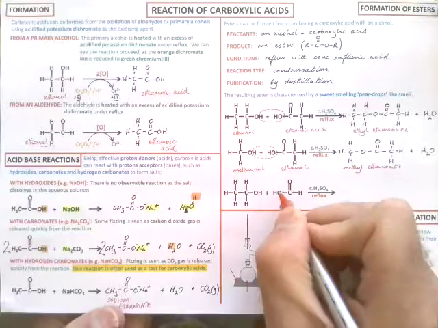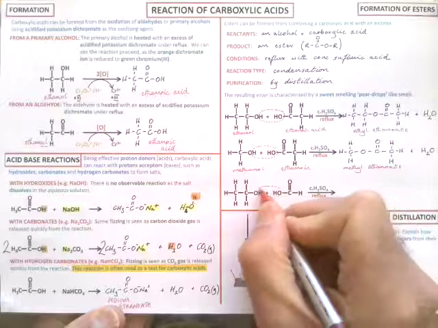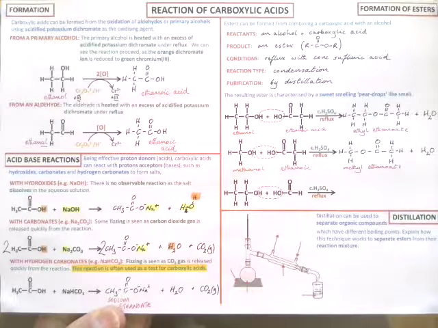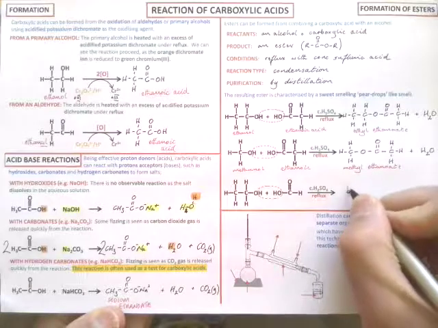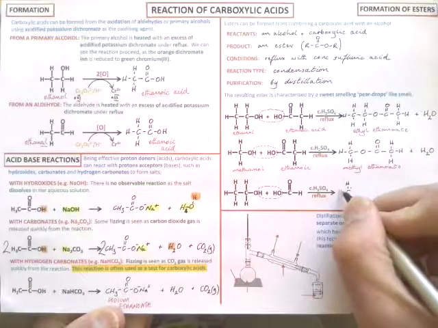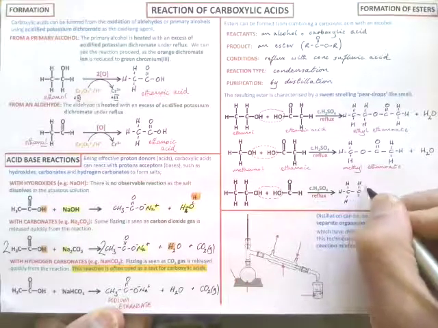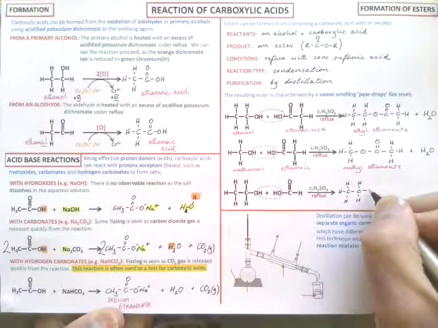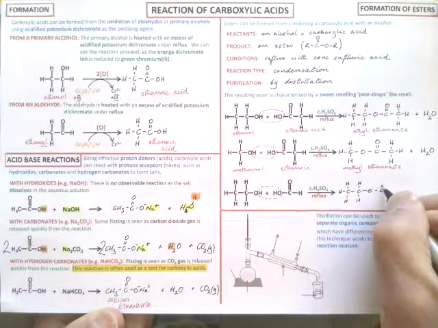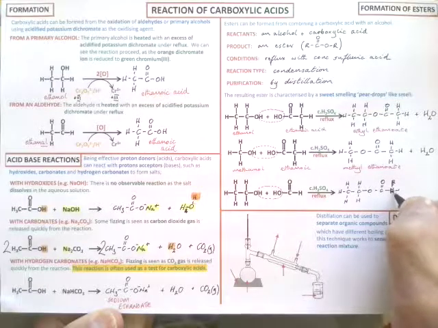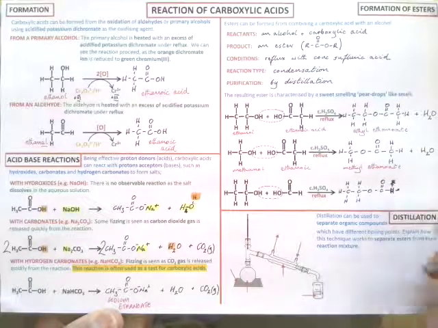And then the last one, we'll loop these around again to show water being lost. This time we've got our ethanol part first, so this is our ethyl section of the ester. And here's our methanoic acid. No, sorry. Too many hydrogens, my bad. Getting a bit carried away there.